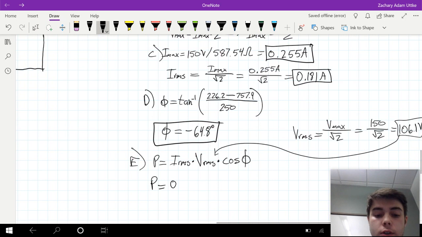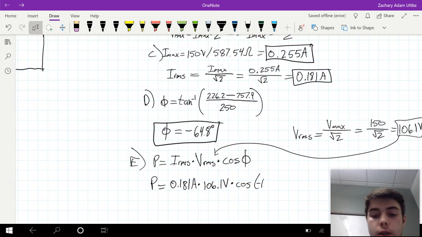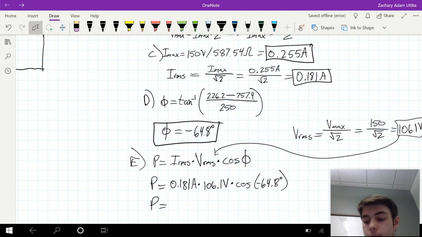So P equals 0.181 amps times 106.1 volts times cosine of negative 64.8 degrees. So let's see what we get. Okay, so after typing that in, I get 8.17.